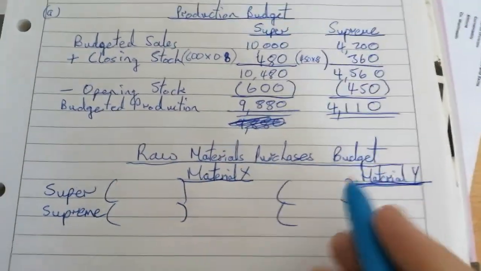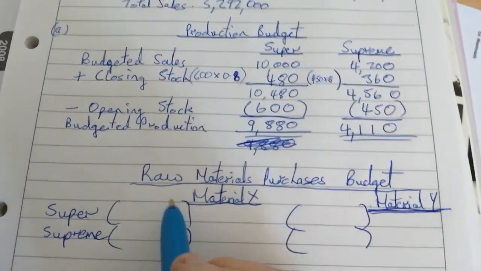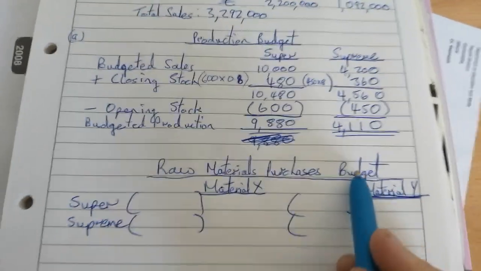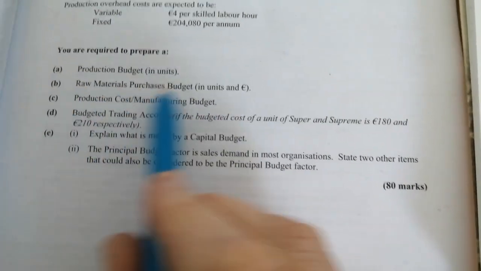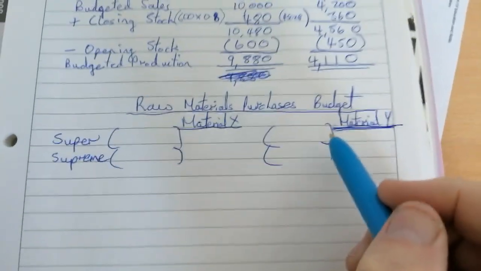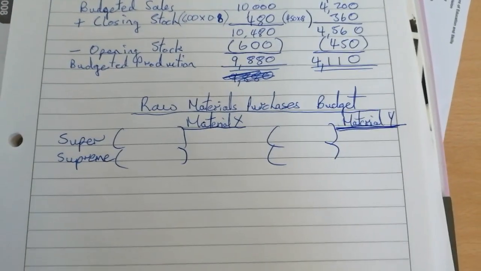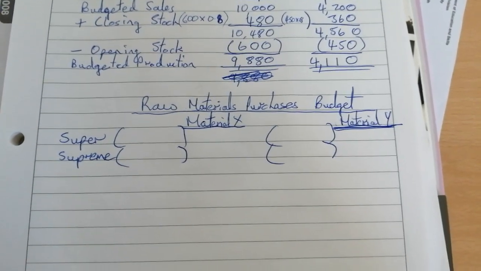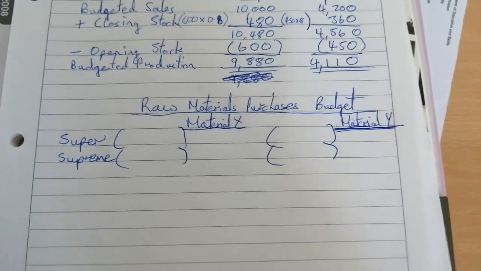I just paused there for a second to do a little bit of extra work to save time in the video. I've started the raw materials purchases budget, which was the second part. Like I said, the raw materials purchases budget for the higher level is just the raw materials usage budget and the raw materials purchases budget joined together.